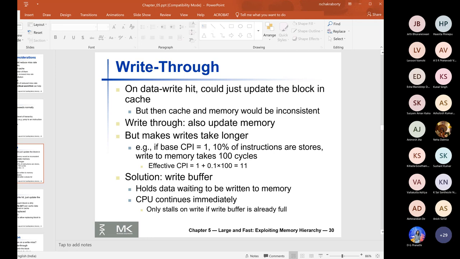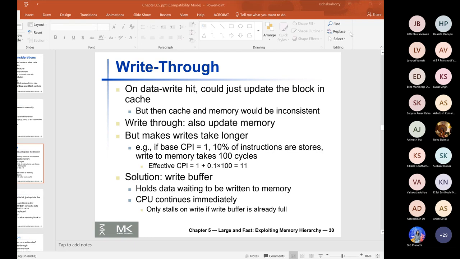Write through can be optimized a little bit by having a further write buffer in the microprocessor beyond the cache, before going out to the bus, where you push data waiting to be written, and you do not wait for the write to memory to complete or not.